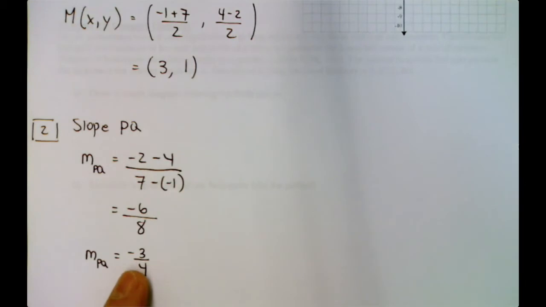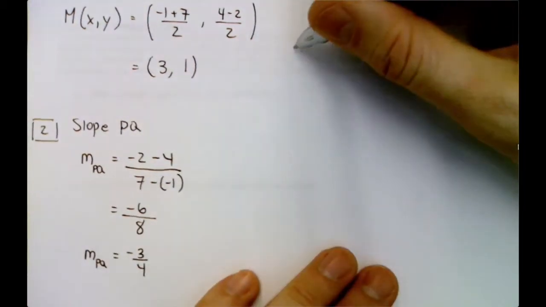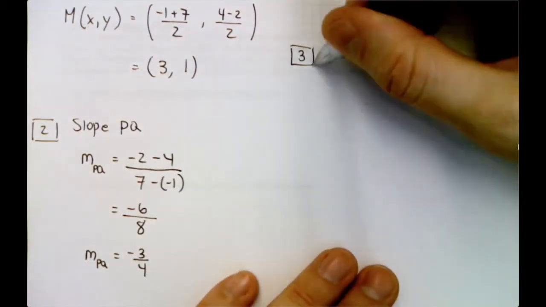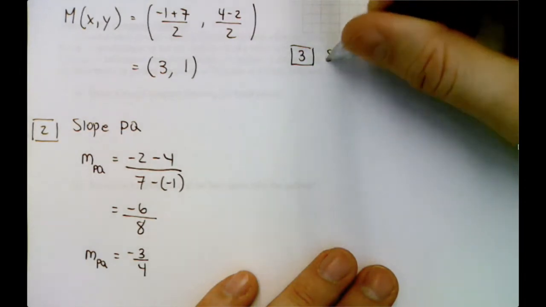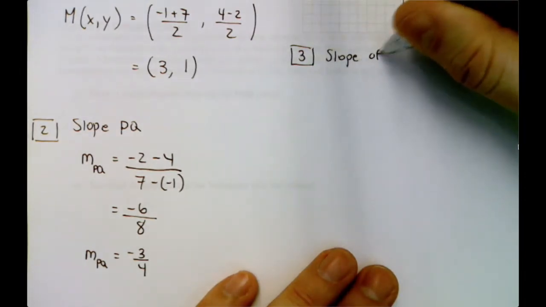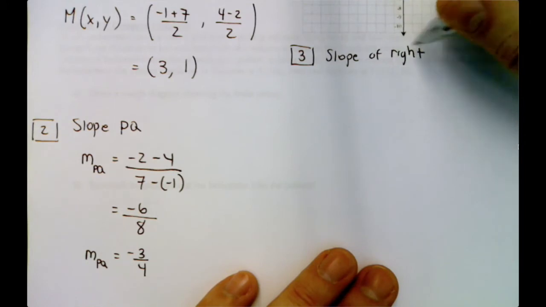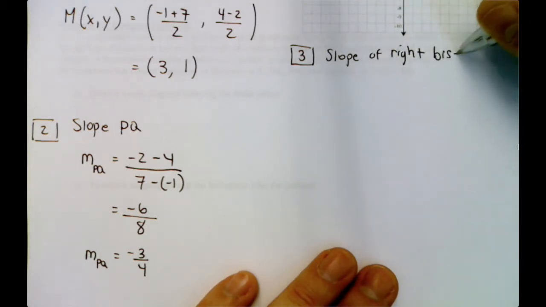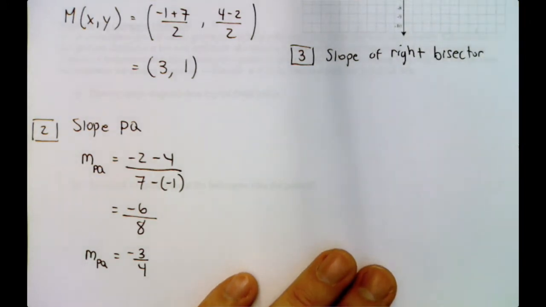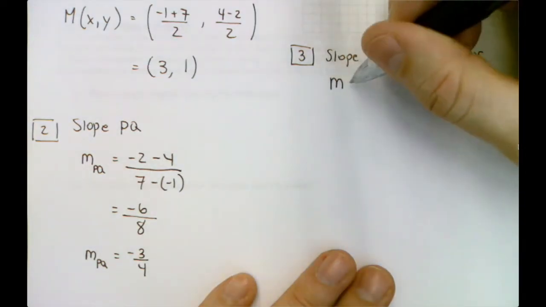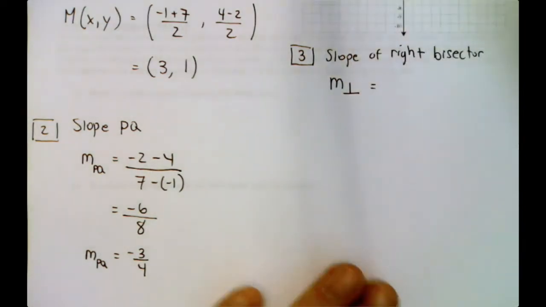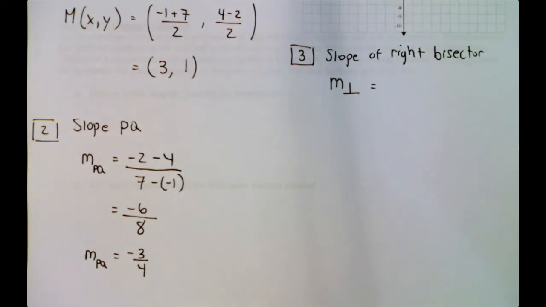Now, that's not the slope of our right bisector. The slope of our right bisector is the perpendicular slope. And the perpendicular slope is the negative reciprocal.